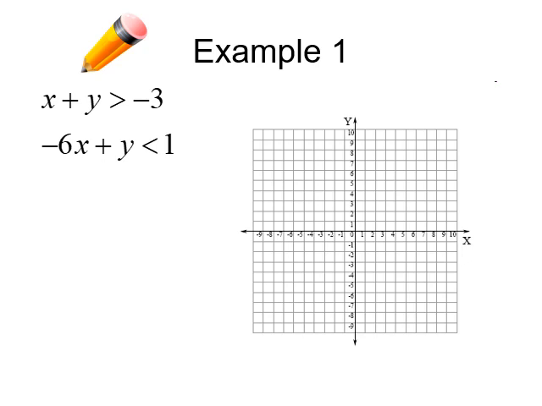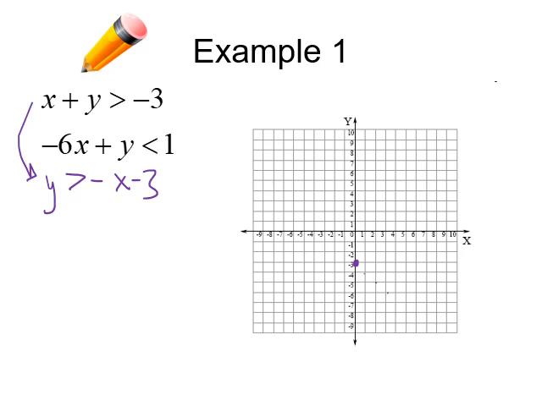All right, for this first line, in order to graph, I want y equals, or y by itself. So if I subtract x from both sides, this first line becomes y is greater than negative x minus 3. On the graph, my y-intercept is negative 3. My slope is down 1 over 1.